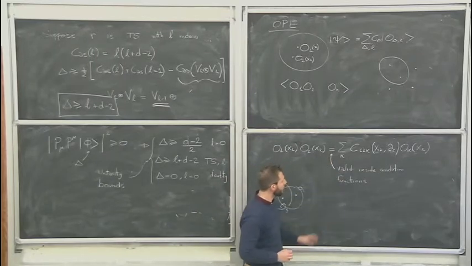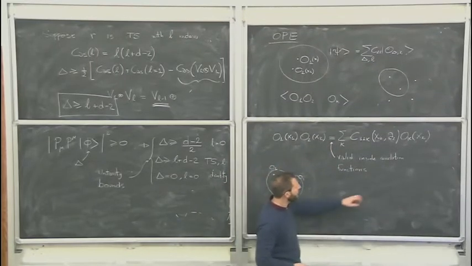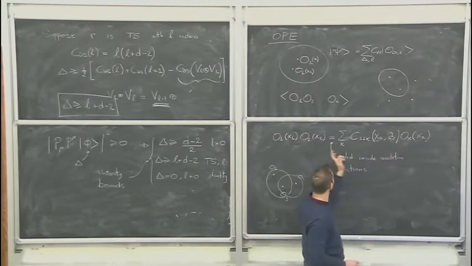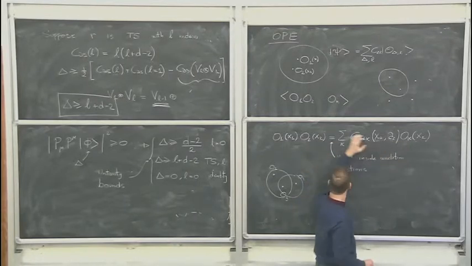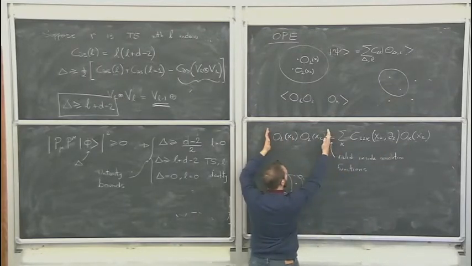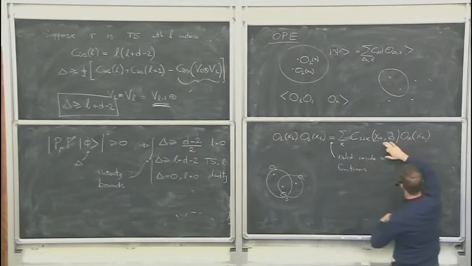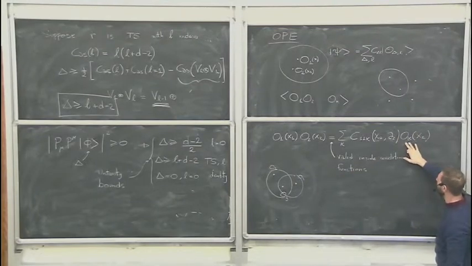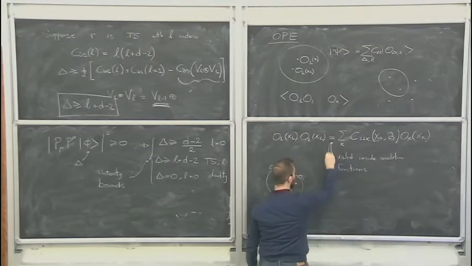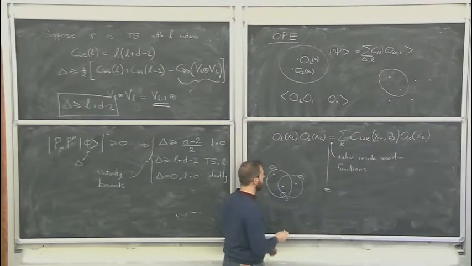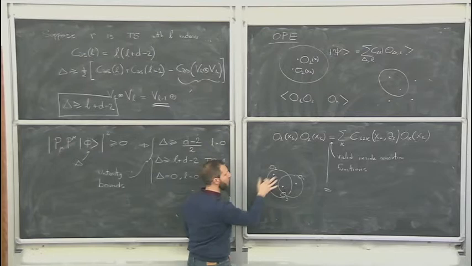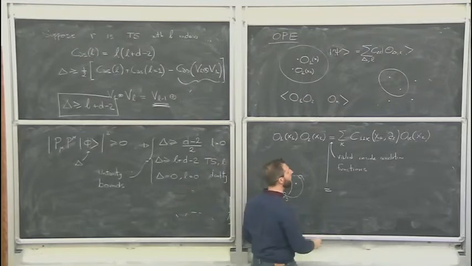Another thing that should be noticed is that here I decided to replace this state with an expansion in primaries centered at x2, but in principle it's just a choice, because I can center my sphere wherever I want as long as it contains the two operators.